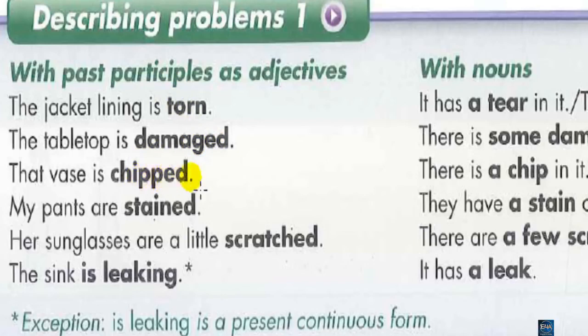Chip, chipped, chipped. So this is the past participle of the verb. The jacket lining is torn. The tabletop is damaged. That vase is chipped. My pants are stained. Her sunglasses are a little scratched.